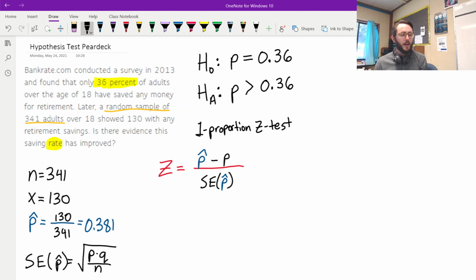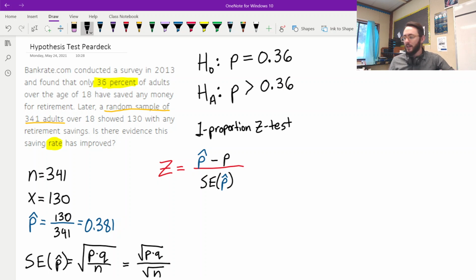Now, I'm also going to write it like this, just so we can see that our standard error is always the standard deviation of our sampling distribution.